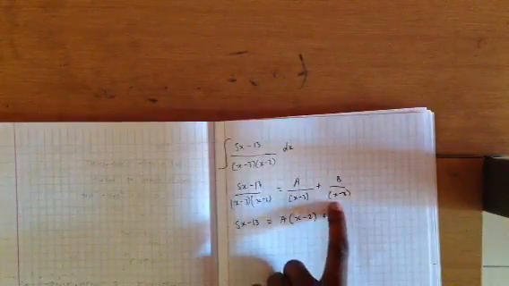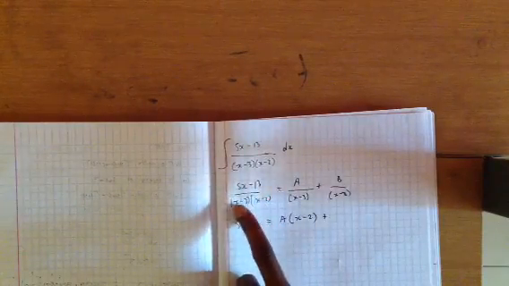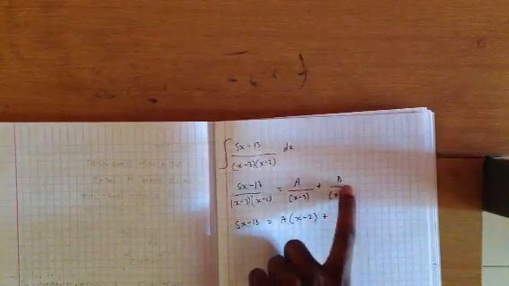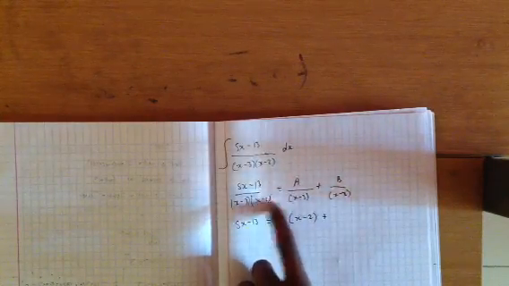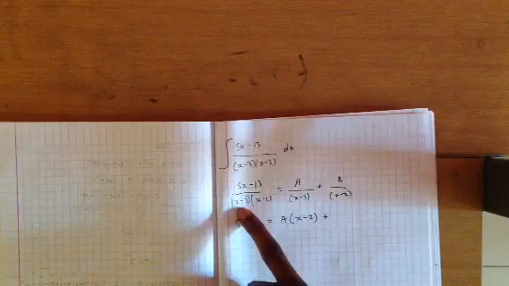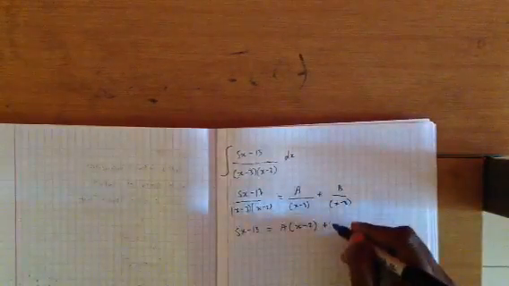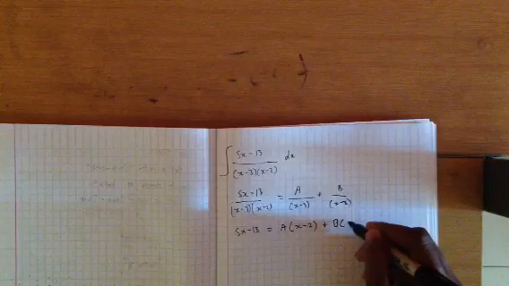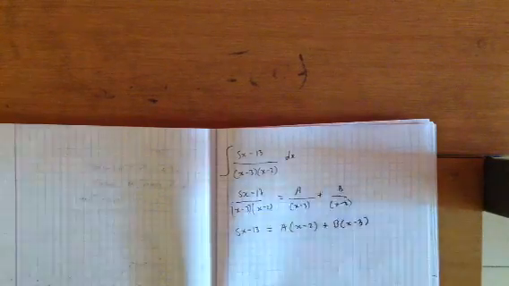A similar thing with b. If we multiply the whole denominator x minus 3 times x minus 2 with that, the x minus 2 will cancel out, and we'll just end up with b times x minus 3. Give it a try, guys, in case it doesn't make sense. But you should end up with something like this.